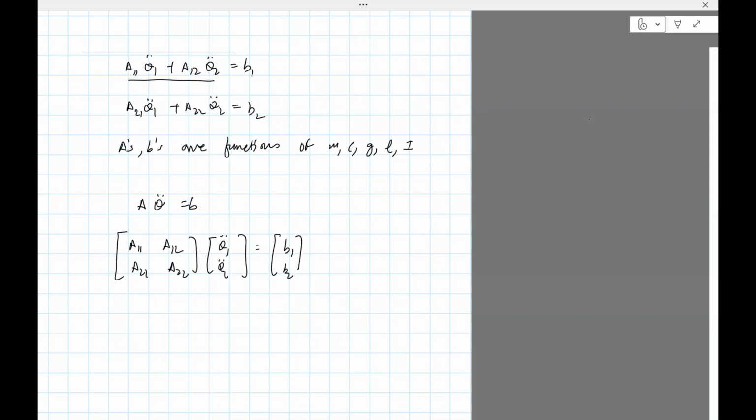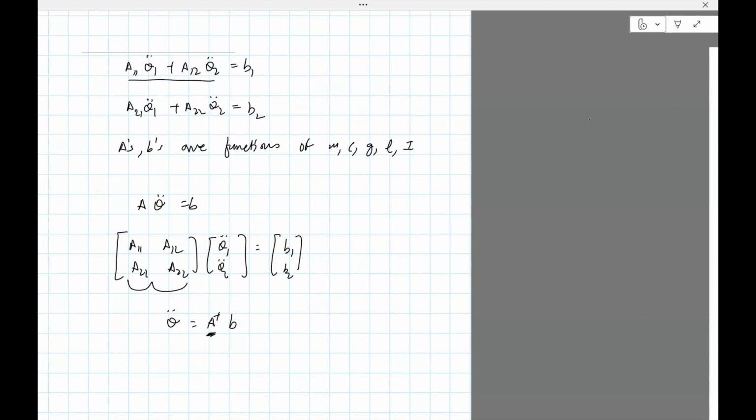And then you'll solve for theta double dot as A inverse B. You will get this A matrix in Python. It will be fairly small, but if you try to do A inverse, it starts becoming kind of humongous. And so you want to avoid inverting matrices symbolically.